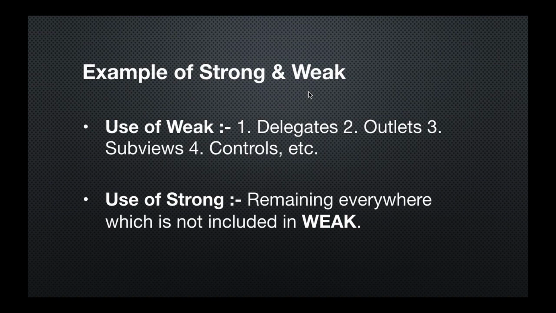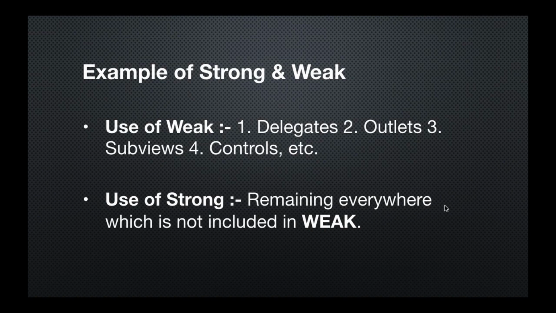We use weak whenever we are using delegates, outlets, subviews and controls, whereas we use strong with all the remaining things. If you're not using delegates or outlets or subviews or controls, then you'll be using strong. It does depend on many things. If you're creating a variable and you want to make sure that it stays in memory as long as you're using it, and for a long time, then you use strong.